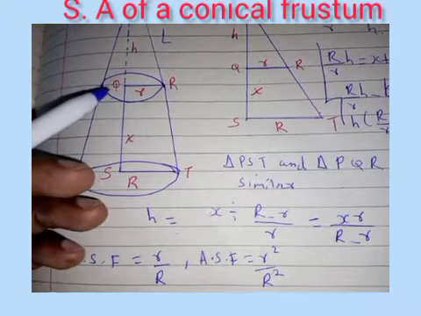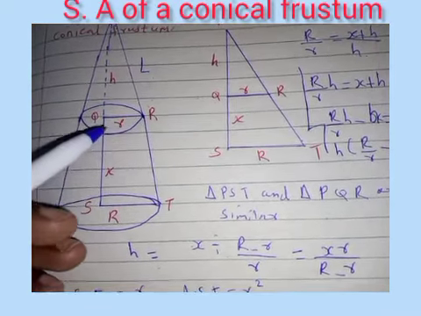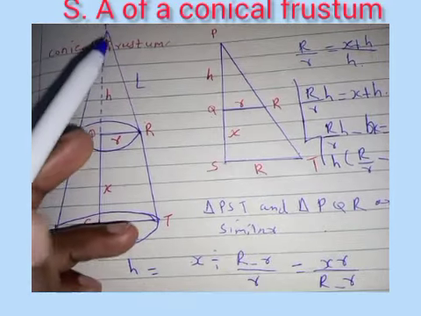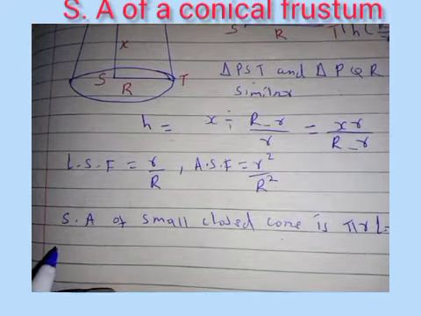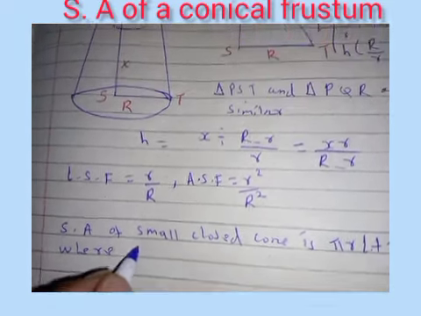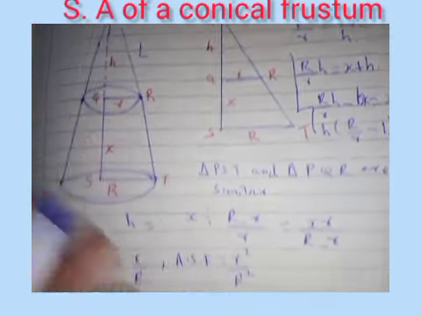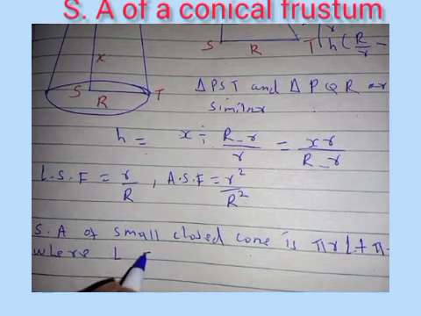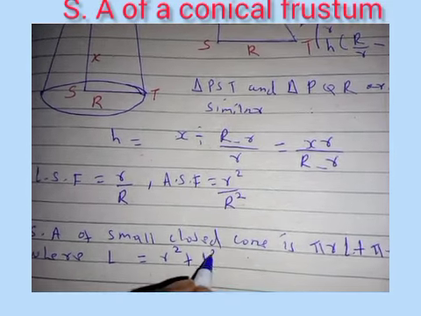Now the surface area is given by the area of this circle with radius r plus the area of this curved surface. Here, from Pythagoras theorem, L will be given by the square root of r squared plus h squared.